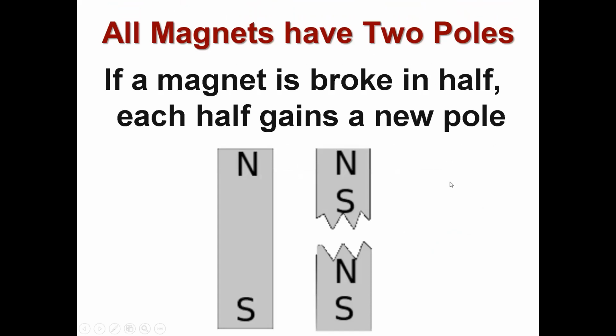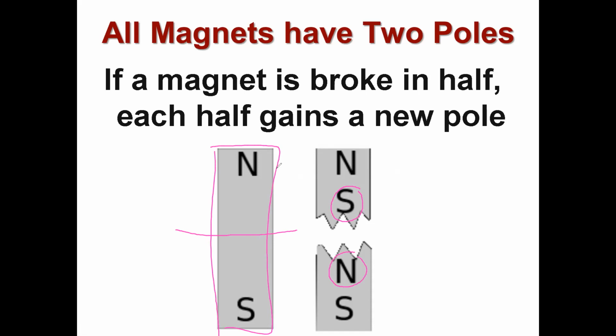If you have a magnet here with north and south, and you cut it, could I have north only? No. If you cut it, this part becomes south, and at the other part of the cut, we have north.